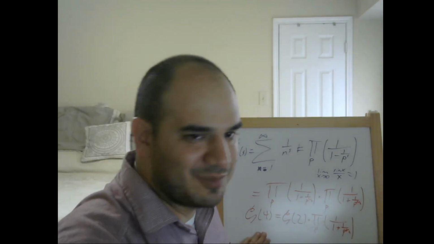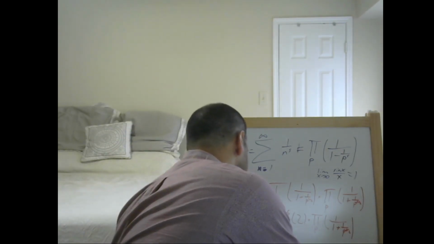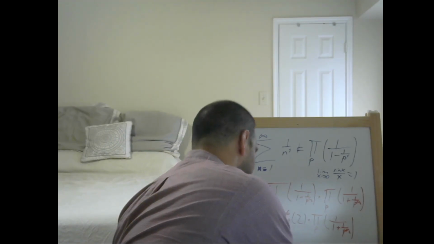Because this is known, right? This is pi to the 4. I want to say over 15, maybe, maybe over 90. I can't remember. Hold on. Got it somewhere.